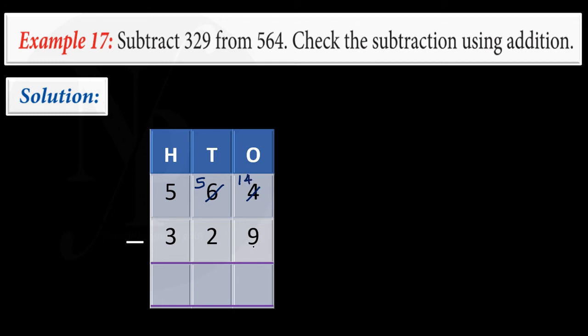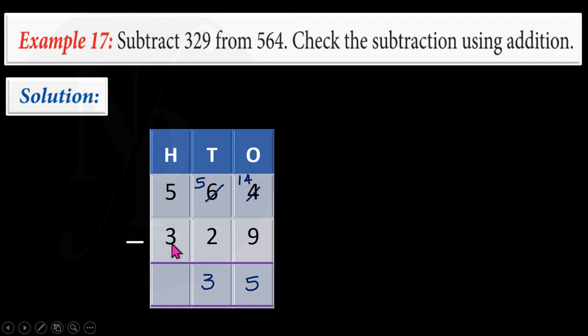Now we can subtract 9 ones from 14 ones. On doing so, we get 5 ones as difference. So we write 5 here. Coming to tens column, here we subtract 2 tens from 5 tens and we get 3 tens as difference. We write 3 in tens column here.